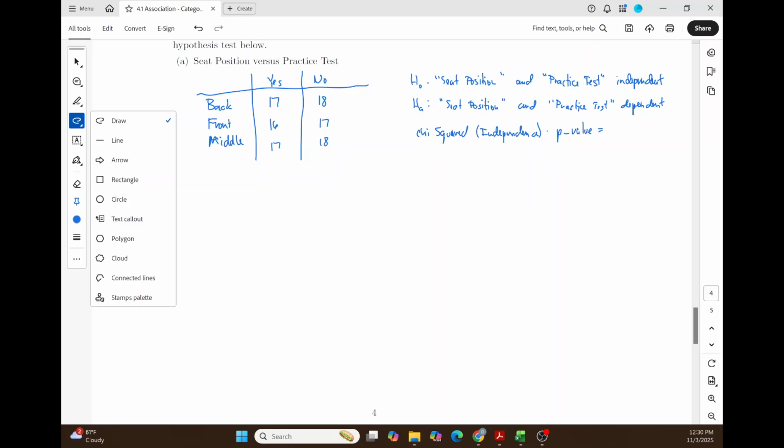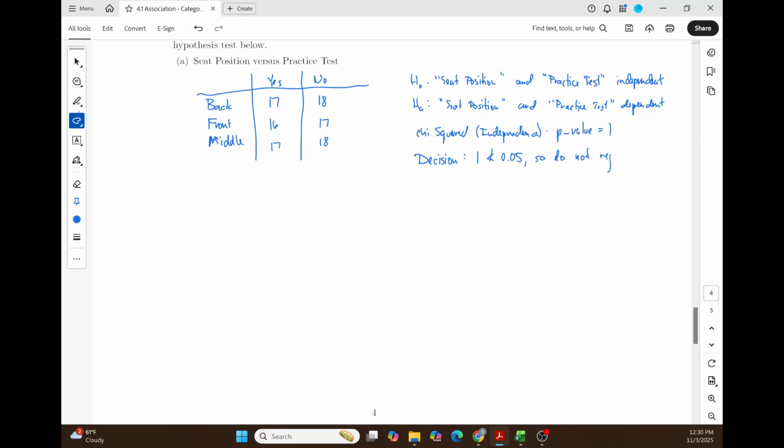But there's almost no difference, so the p-value is 1. Okay, so our decision, well, 1 is not less than 0.05, so we do not reject H null.